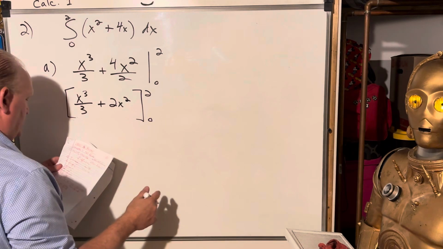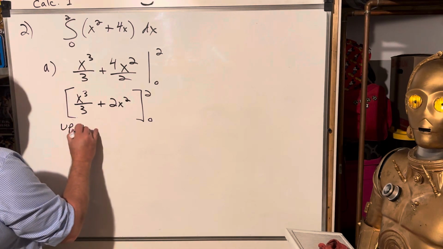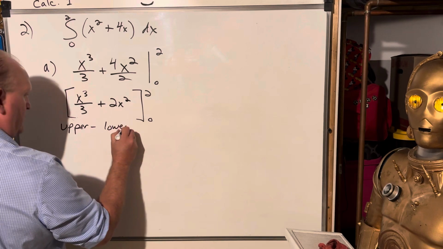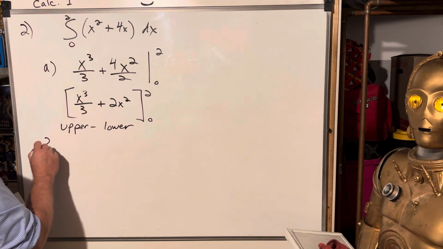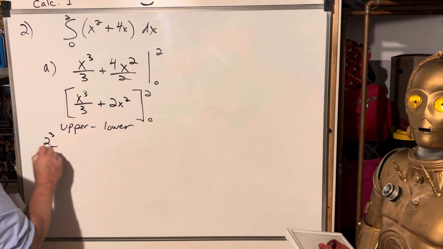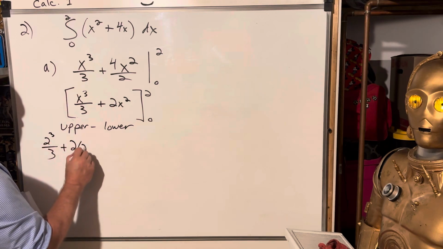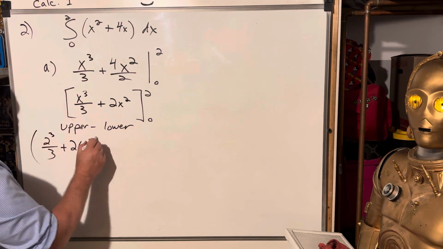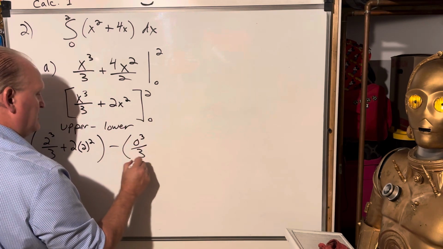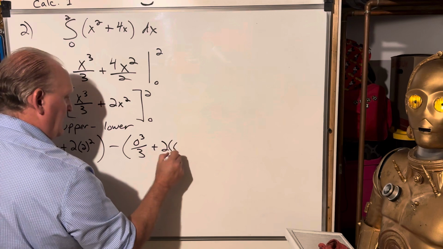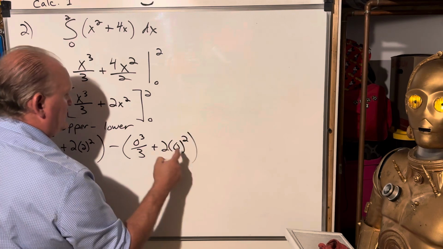All right, so now what do we do? We do upper minus lower. And so I put in 2 everywhere I see an x. So 2 cubed over 3 plus 2 times 2 squared minus, and I put a 0 in everywhere I see an x. And on the test, yes, you have to show me this.